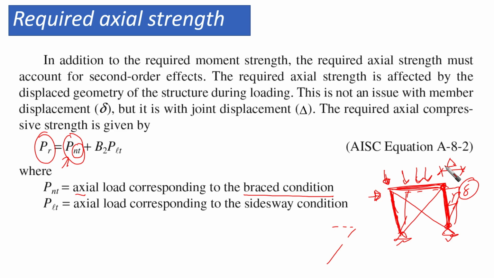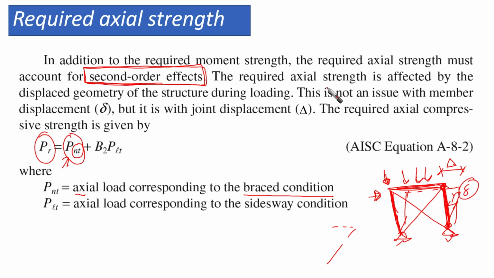In this case, we need to amplify the required axial load corresponding to the sidesway condition. So let's read it here. In addition to the required moment strength, the required axial strength must account for second order effects. So for axial loads also we need to take into consideration the second order effects.